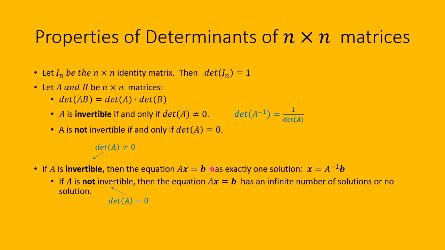And by multiplying both sides of this equation on the left by A inverse, we can solve for X. X is equal to A inverse B. On the other hand, if A is not invertible, in that case we know the determinant of A has to be 0, then the equation AX equals B has either an infinite number of solutions or no solution at all, inconsistent equations.